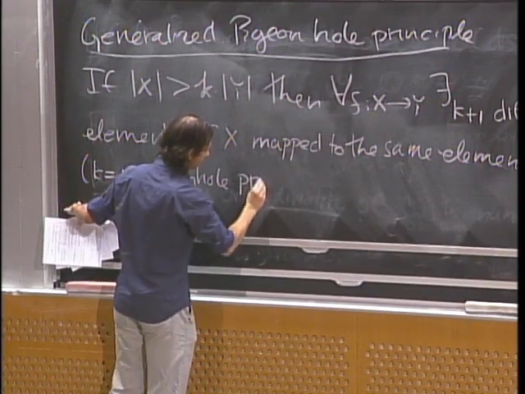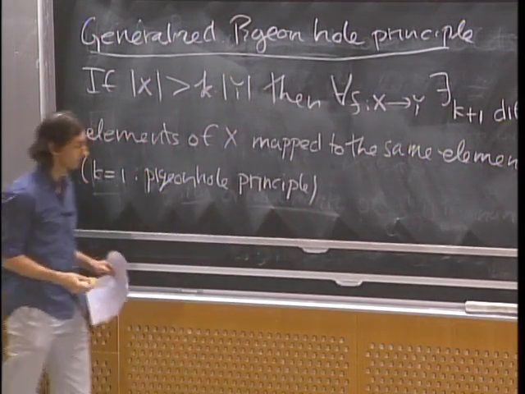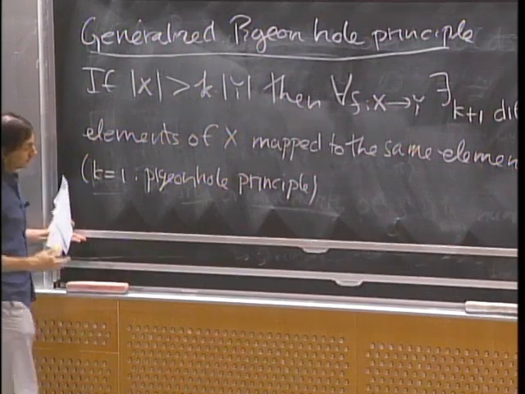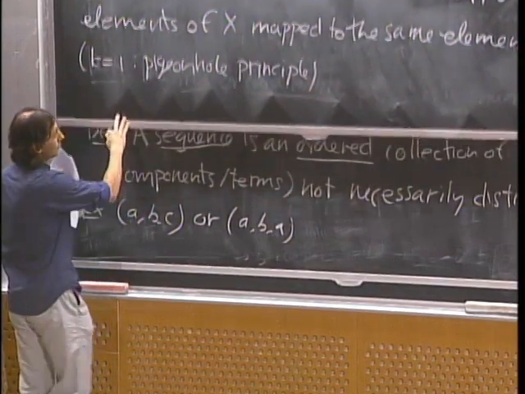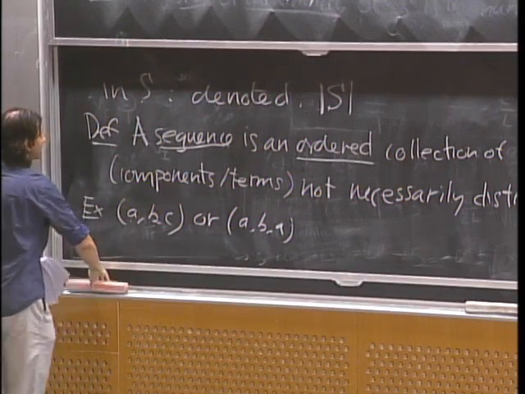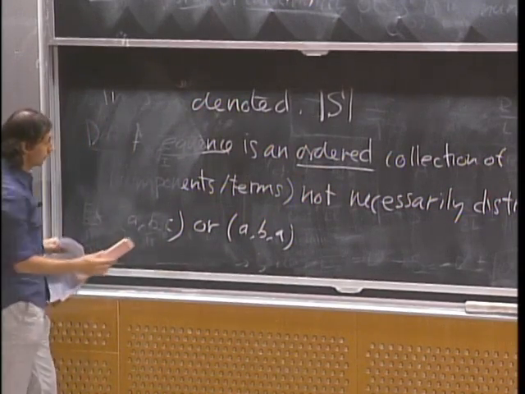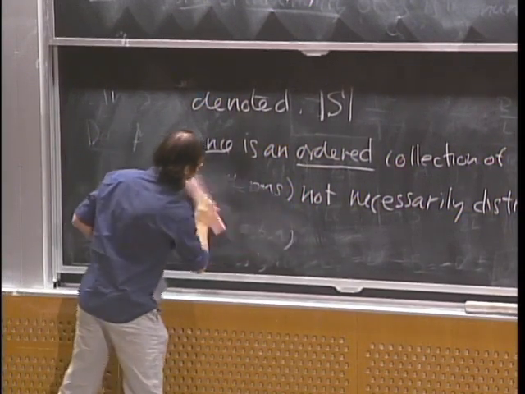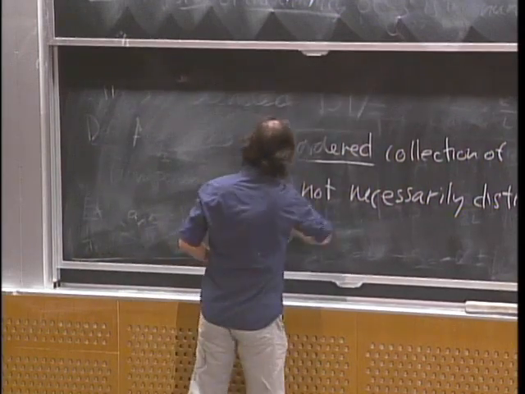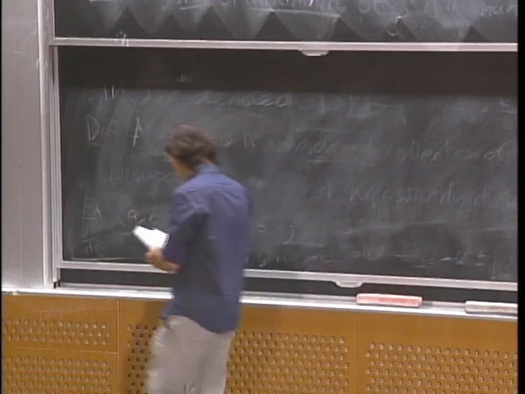Let me just demonstrate it by the famous example of the pigeons. If I have more pigeons than the number of holes that they can fly into, I know for sure that there exists a hole that 2 pigeons will visit. So that's where the name comes from. Let me write it out.